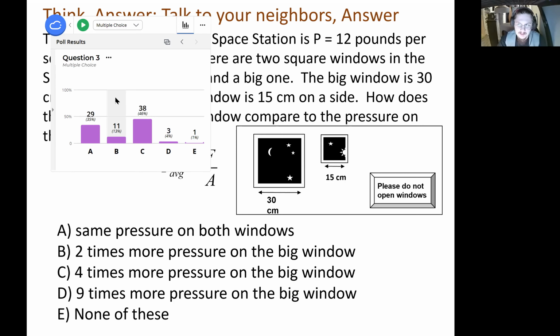It's always going to be the same, isn't it? So it does not depend on the area? I'm not sure. No, it doesn't depend on the area at all.